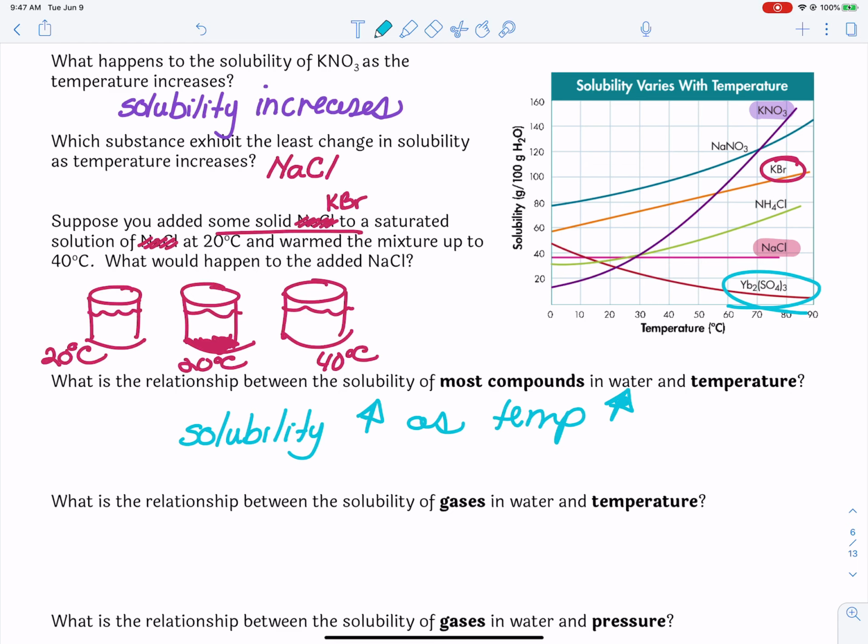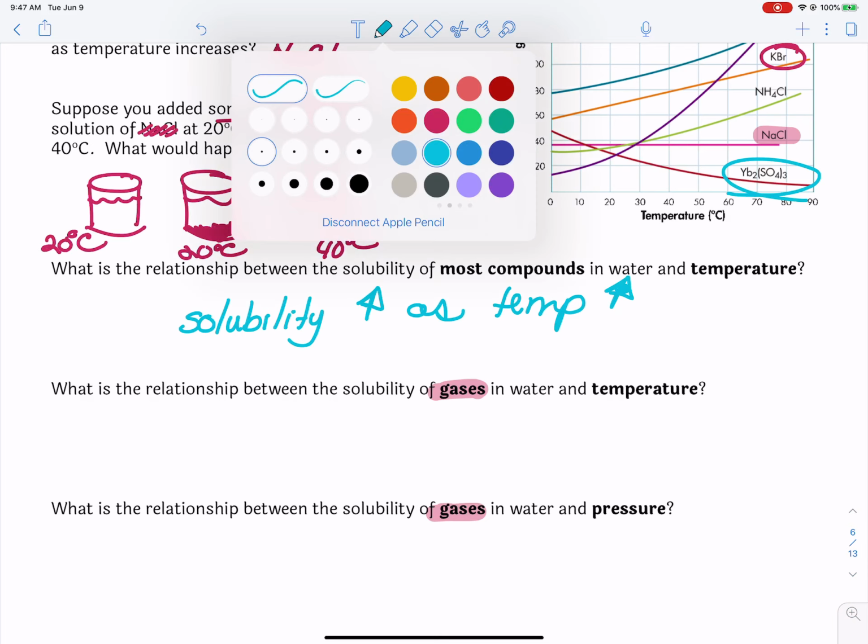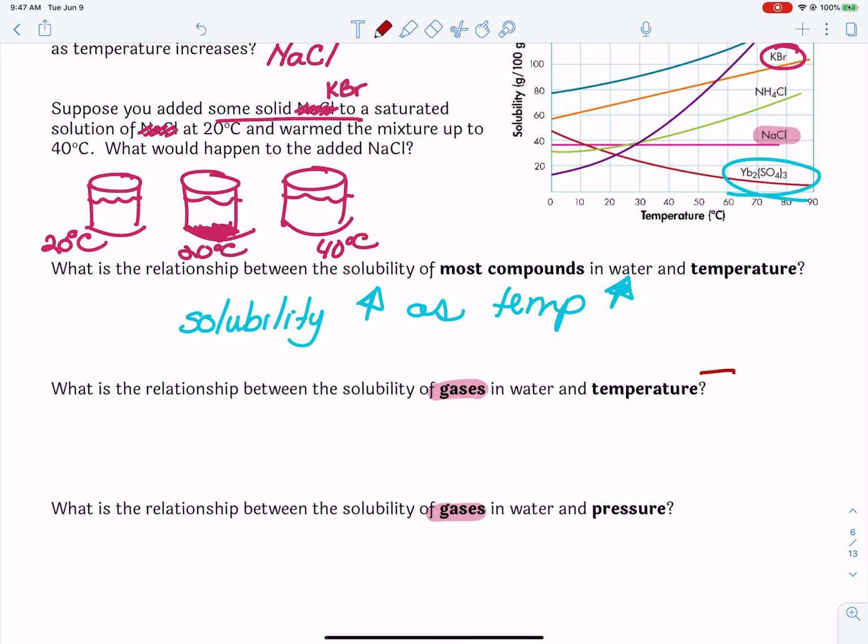So now the next two are asking about gases, and gases are very different than solids. So you're going to see a different relationship occur here. And when you think of the relationship between solubility of gases and temperature and pressure, think of soda. Think of what is a carbonated beverage?